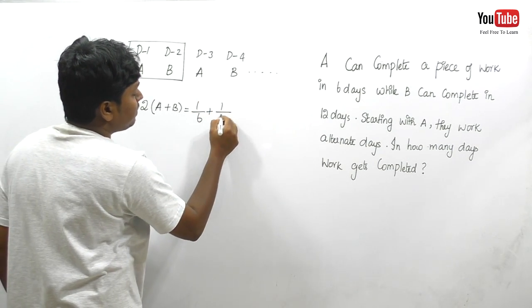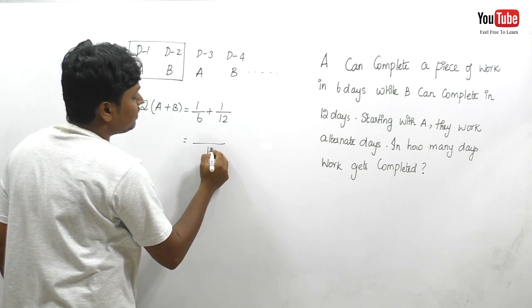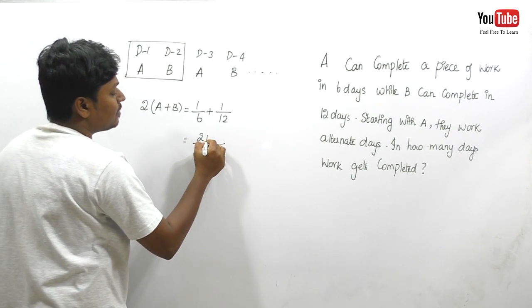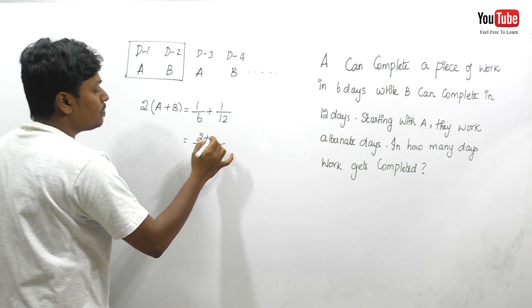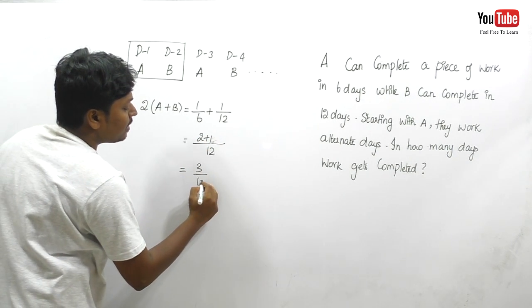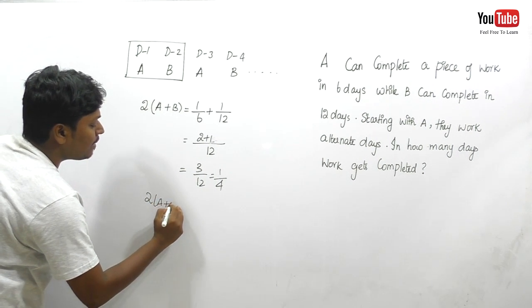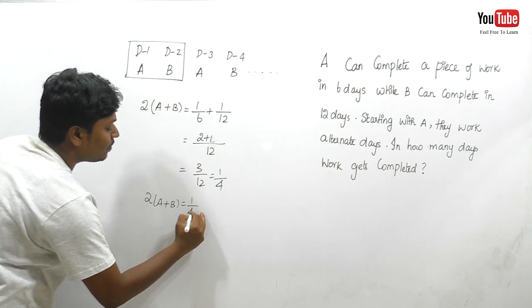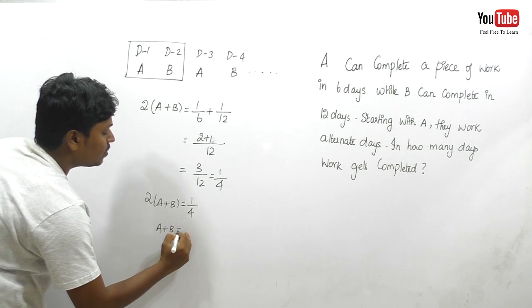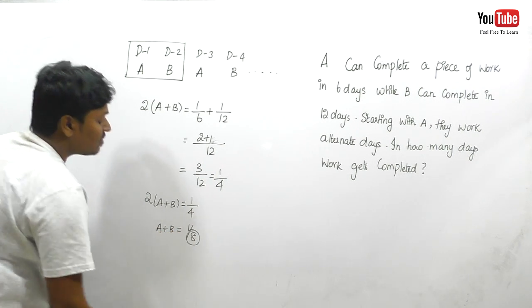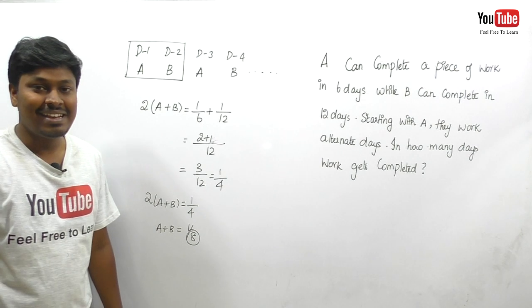Similarly, B can complete a piece of work in 12 days. We know that the LCM will be 12. So 2 plus 1, that will be 3. So 2 plus 1, that is 3. So 3 divided by 12, that is 1 divided by 4. So we can say that 2 into A plus B will be 1 divided by 4. So A and B can do the job in 8 days. So finally we got the answer, that is 8 days.